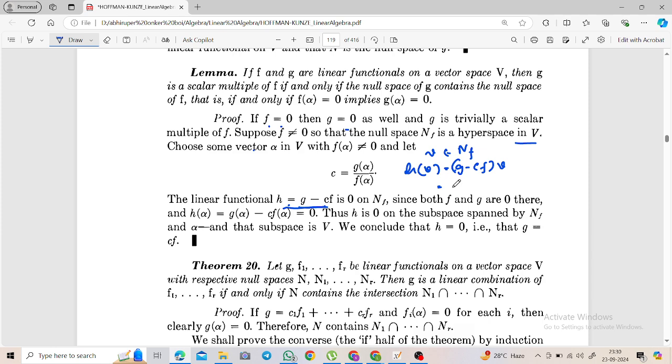This is g(v) minus c f(v), that is g(v) minus g(alpha) by f(alpha) into f(v). Why is it 0?